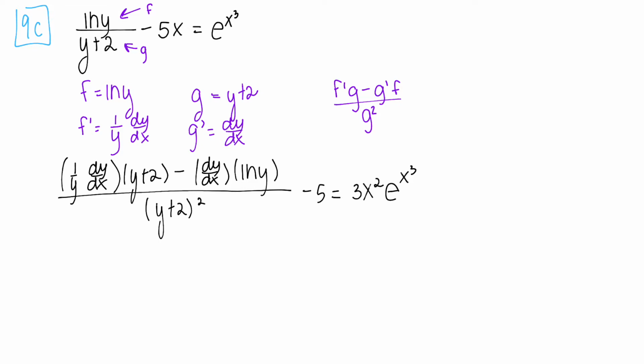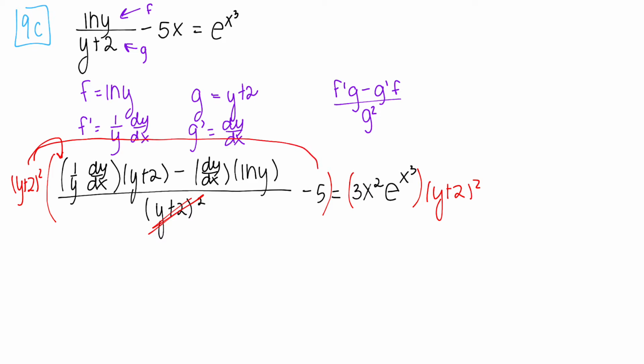So now we have some troubleshooting to do. First things first, we need to get rid of this y plus 2 quantity squared in the denominator. So we have to multiply both sides by y plus 2 quantity squared. When it gets distributed to this fraction, it will cancel, but it also will get distributed to this negative 5.